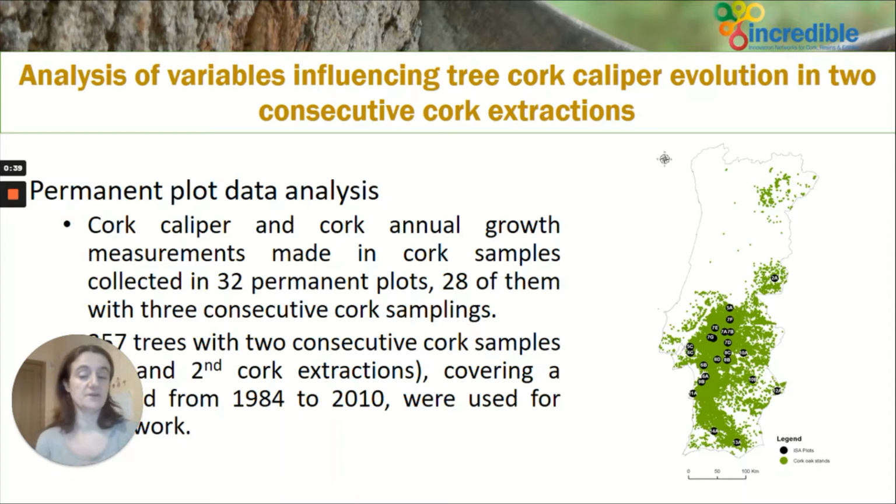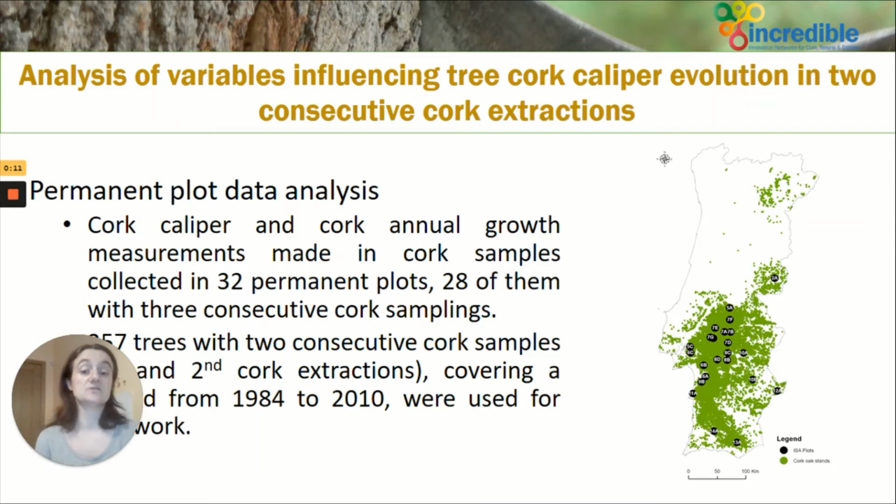We are still working on the third cork samples that have been extracted in the trees that are included in these plots. They are circular plots with 30 meters of radius. They are distributed across a large range of climate and soil types and management types.